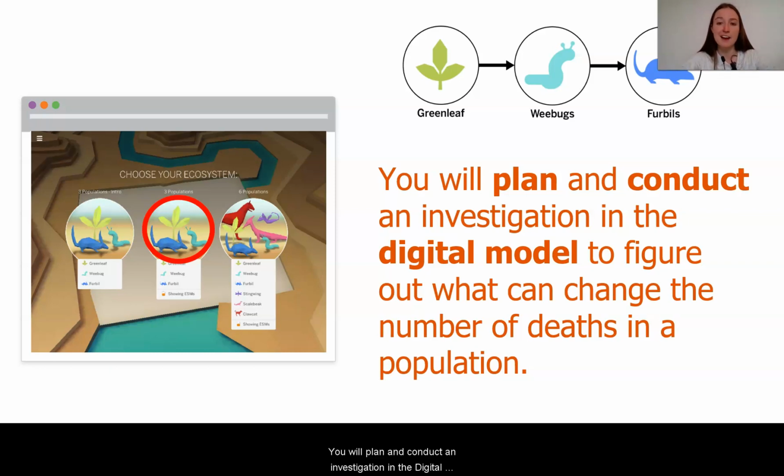You will plan and conduct an investigation in the digital model to figure out what can affect the number of deaths in a population. Again, we are going to use the 3 populations ecosystem in the middle of the digital model options. If you need to pause the video for a moment and get to the digital model, then go ahead and do so. If not, keep following along with me.